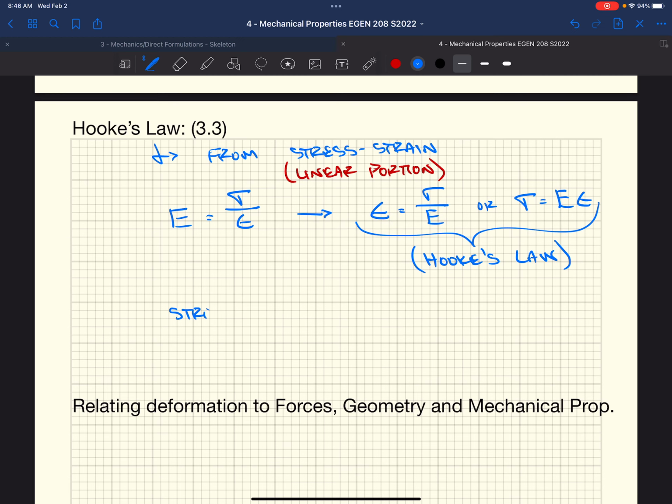So stress equals change in stress over the change in strain times strain. It's essentially taking one of our Hooke's law equations here, sigma equals E epsilon. Well, that's what this is essentially boiled down to.